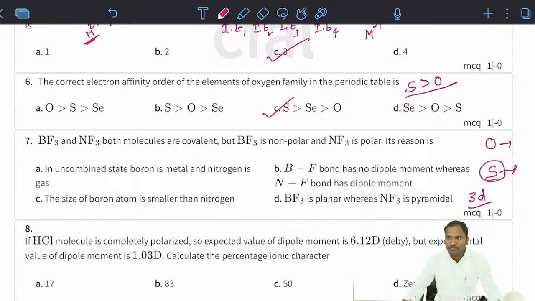And dipole moment applications are also important, students. BF3 and NF3 both molecules are covalent. They both have MX3 type structure. But BF3 is non-polar and NF3 is polar. What is the reason?